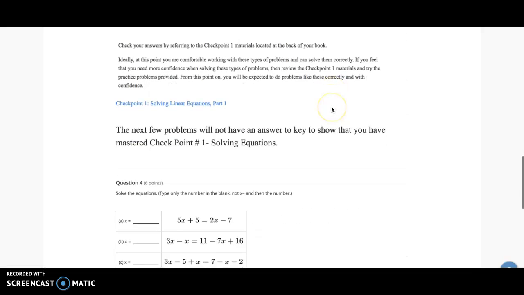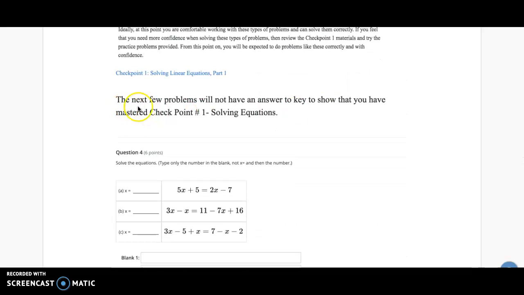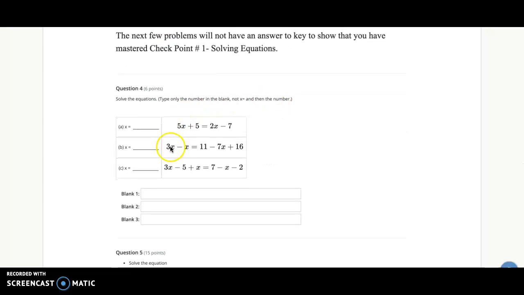However, the assignment goes on from there. It says, okay, now the next few problems you will not have an answer key for. This is to show me that you have mastered this and that you don't need any more help up until now. So again, there are 3 fill-in-the-blank questions.